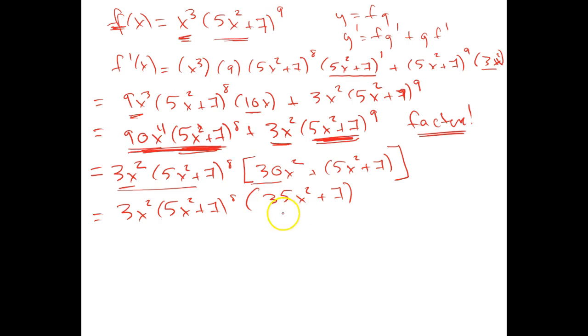But again, 7 is a common factor here. So if I took 7 outside, I have 21x squared times (5x squared plus 7) to the power of 8, and then 5x squared plus 1. And that is simplified. It's pretty similar to an example on the assignment, and one of many I'll post later in the week.